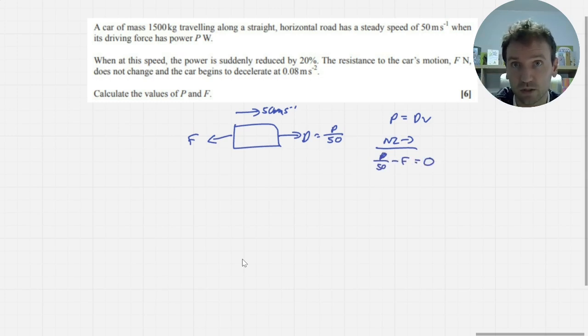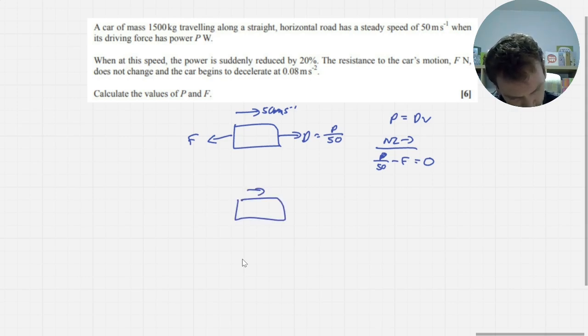That's our starting point. Now, we've then got a new situation. When it's still traveling at 50 meters per second, the power reduces by 20%. So the new power is going to be 0.8P. And we're still using the velocity as 50 because it's in that instance that the car begins to decelerate at 0.08.